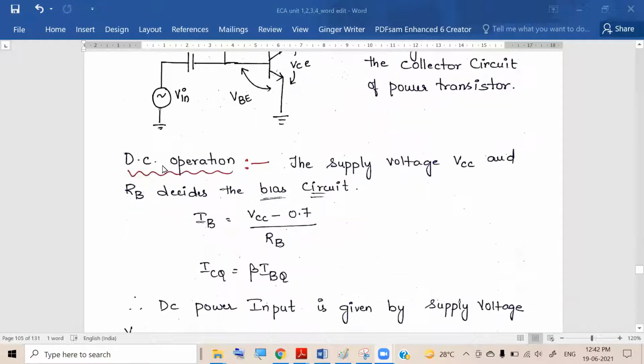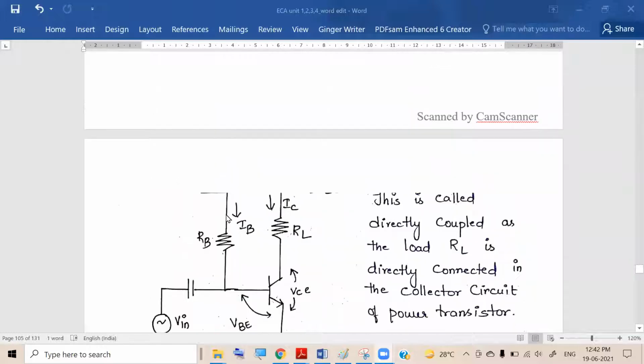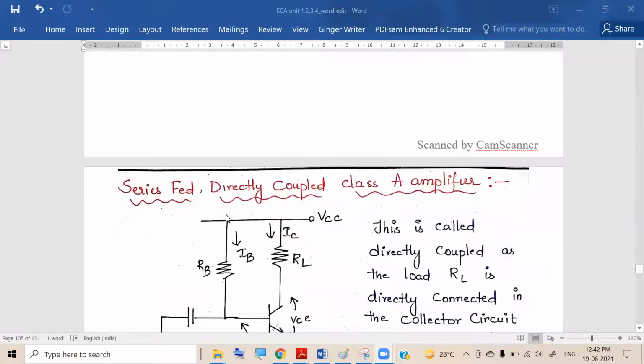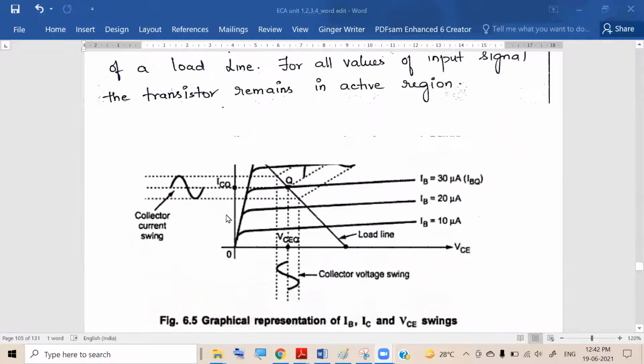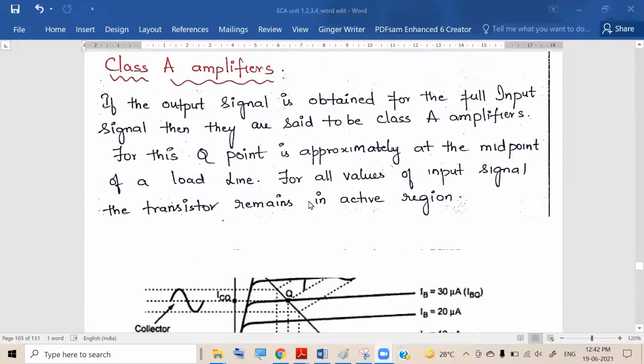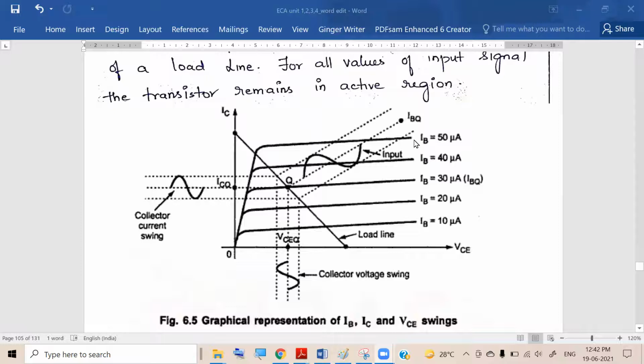When IB varies sinusoidally, IC also varies sinusoidally, but multiplied by beta. Just now we have seen IC is equal to beta times IB.